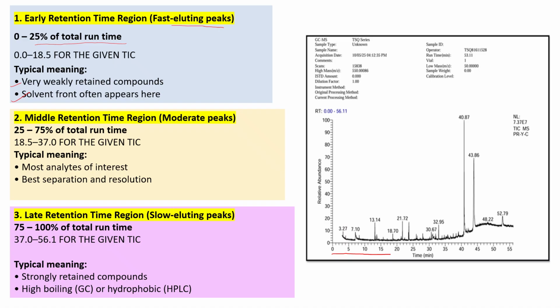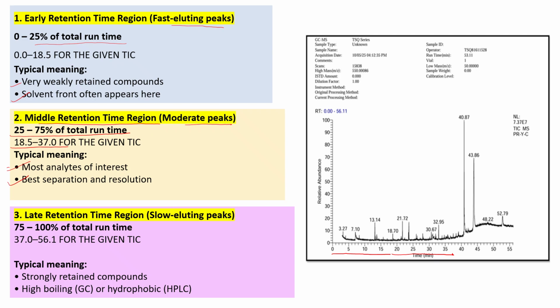Then comes the middle retention time region or the moderate peaks. 25 to 75% of the total runtime, that is 18.5 to 37.5, will be included in middle retention time. Most analytes of interest are found in this region, with the best separation and resolution.